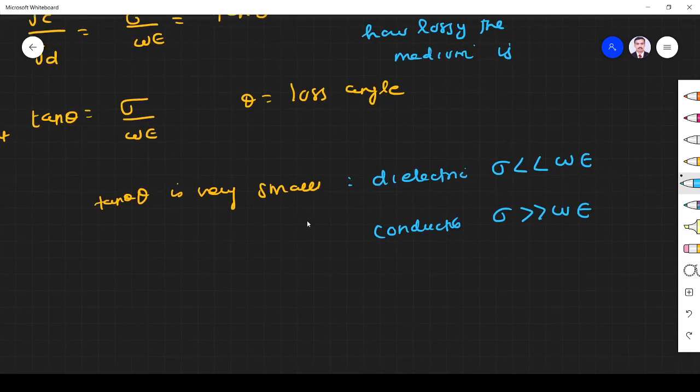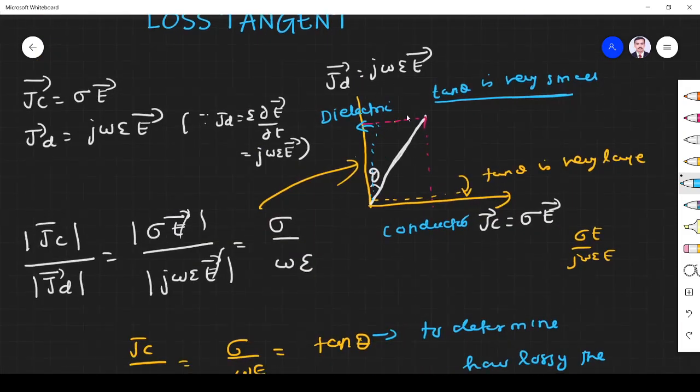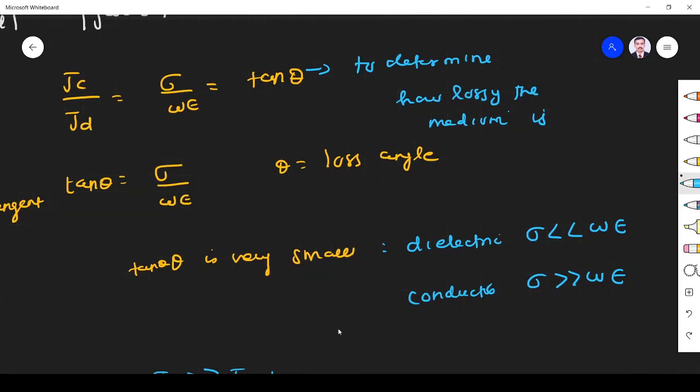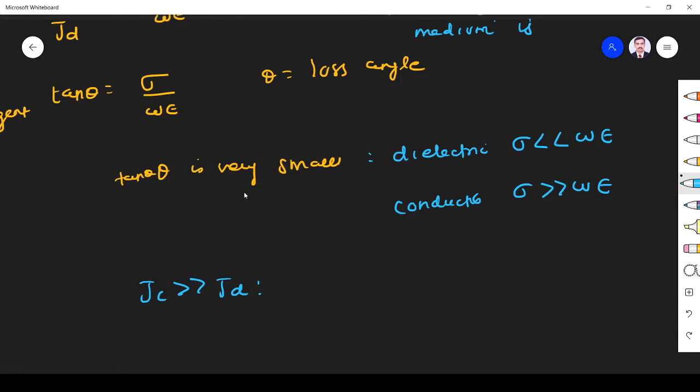Then also, if JC is greater than JD, what will happen? The angle will become pi by 2. When JC is far greater than JD, the total will come here. The theta will be very large, so it will act like a conductor. So JC greater than JD means it is a conductor.